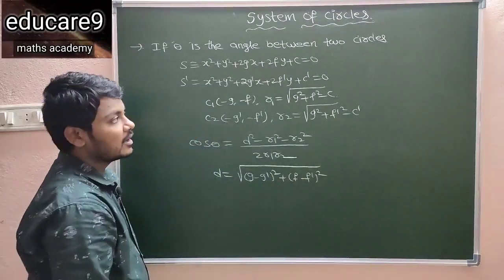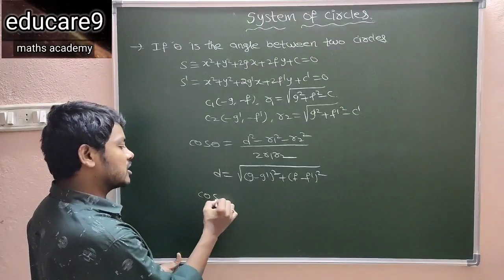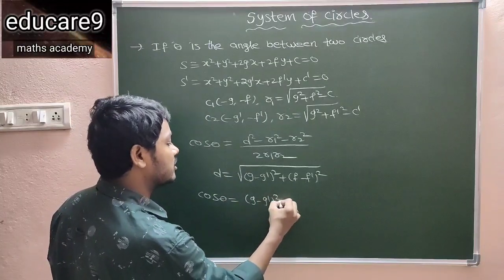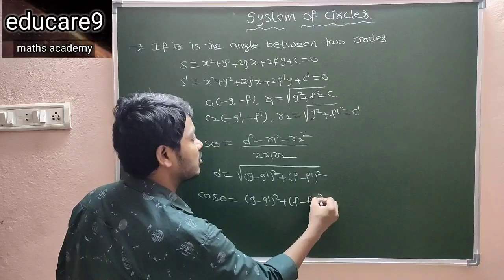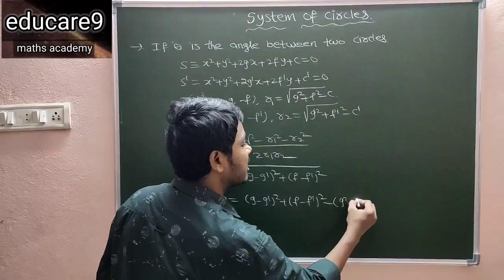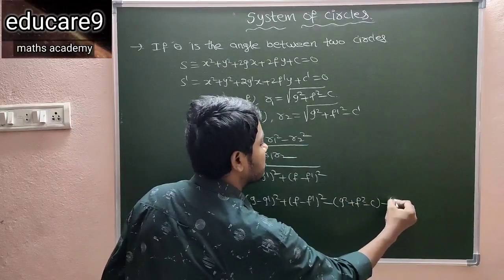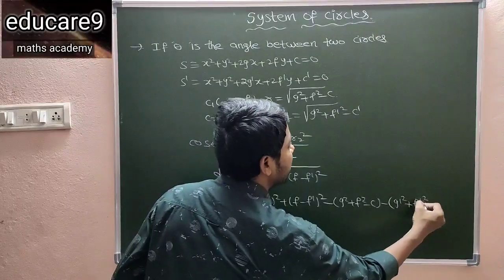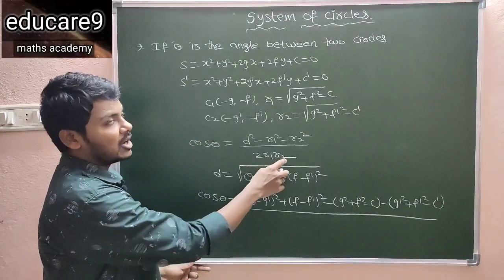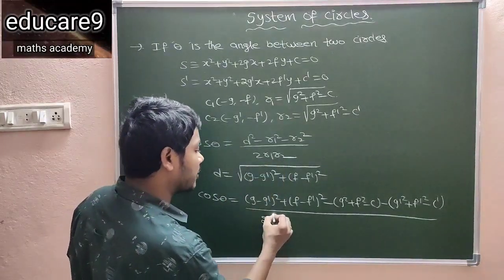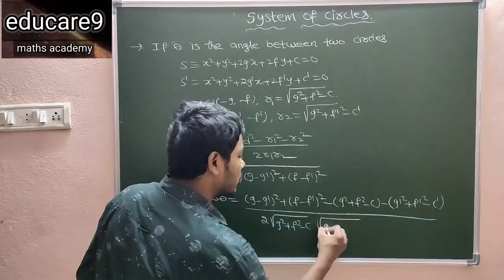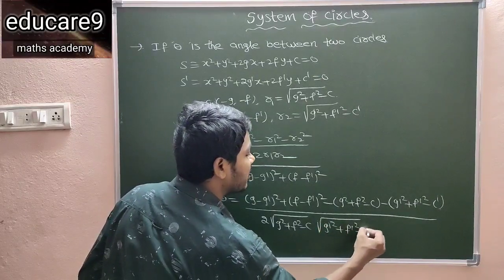This is D. Okay, so therefore cos theta is equal to d square, that is g minus g dash whole square plus f minus f dash whole square, minus r1 square, that is g square plus f square minus c, and minus r2 square, that is g dash square plus f dash square minus c dash, divided by 2 times r1 r2, that is 2 times the square root of g square plus f square minus c into the square root of g dash square plus f dash square minus c dash.